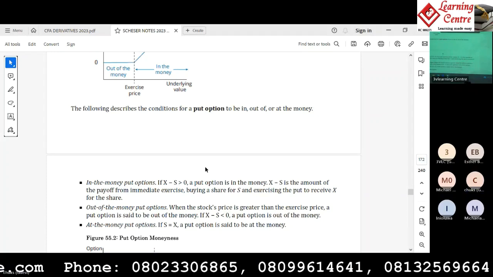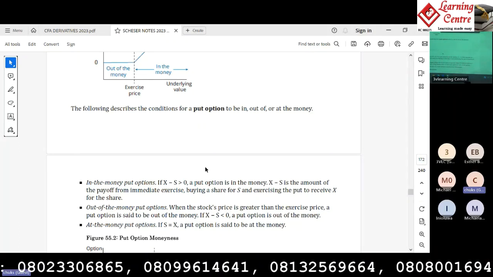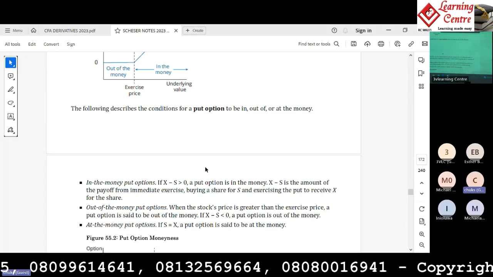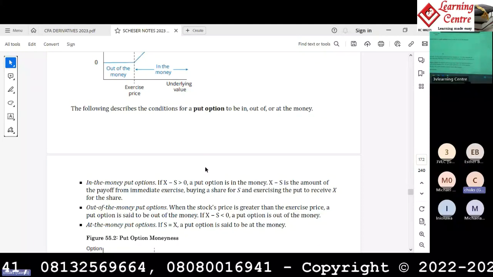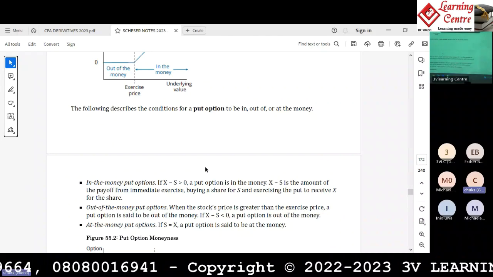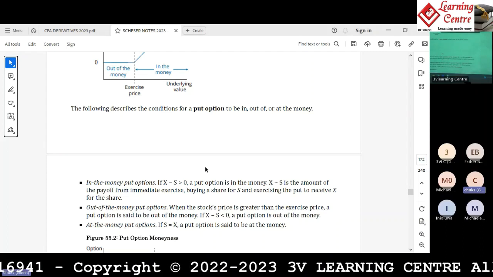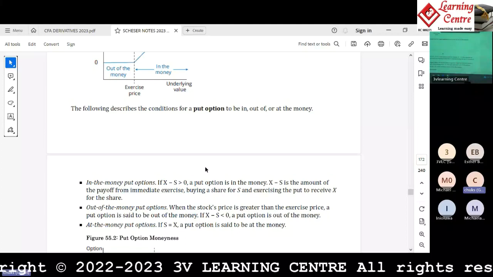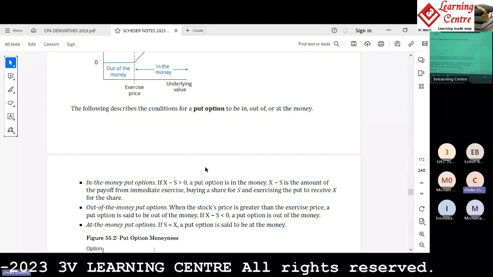Therefore, the idea is that since it's an option to sell the asset, if the price in the market is less than the price I've agreed with somebody, then I will go to the price I've agreed with somebody because it pays me. I've agreed to sell a car for 1 million naira. And in the market, that same car is sold for 600K. Of course, I will honor my agreement, meaning I'm in the money.